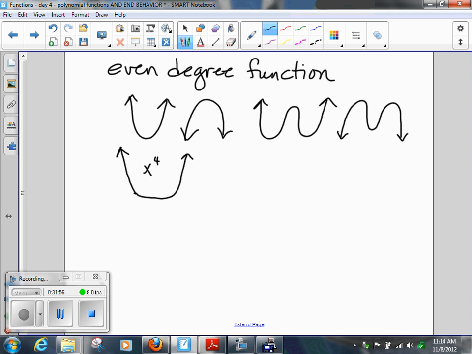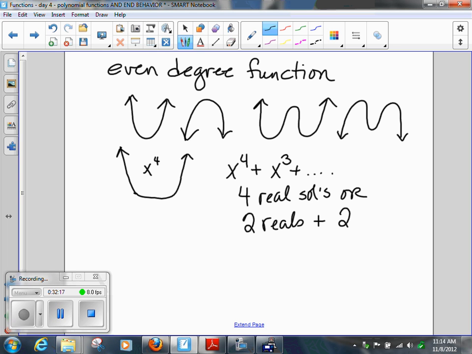Folks, if it's an even degree, if it were an x to the fourth plus x to the third plus blah, blah, blah, that means it could have 4 real solutions, or 2 reals plus 2 complex, or 0 reals plus 4 complex.